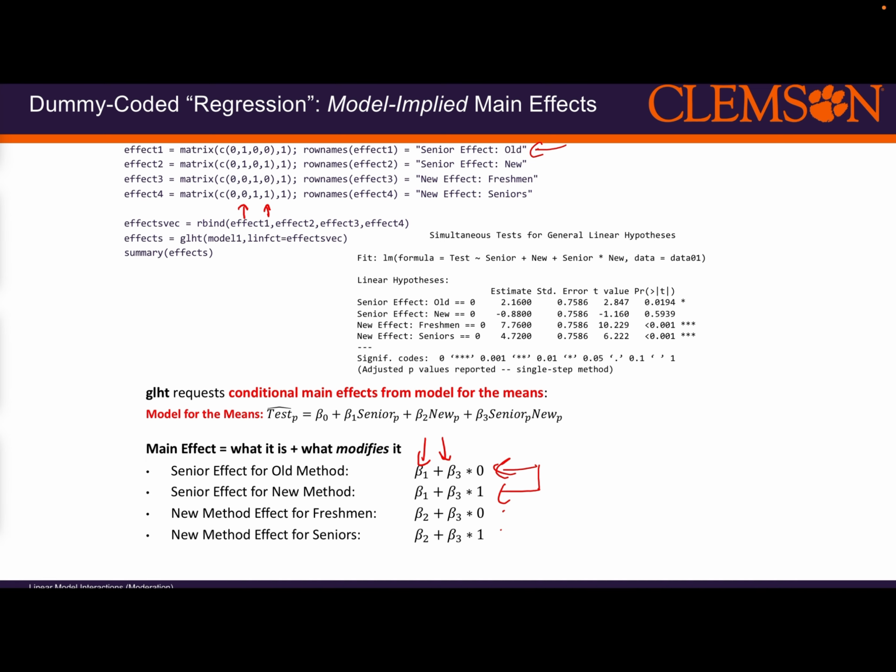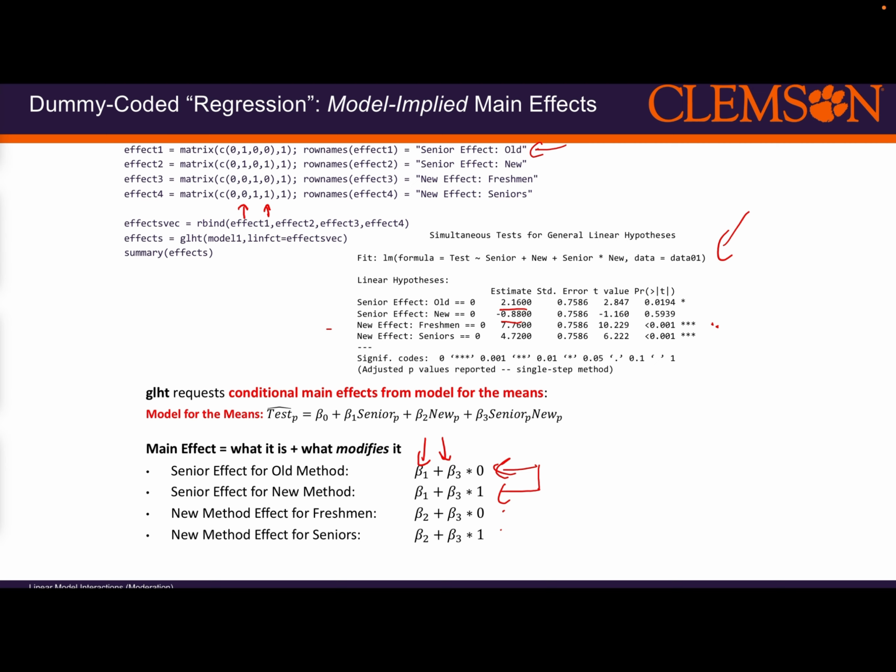So here, looking into this is the output from the GLHT function itself. What we see here is that the difference between seniors and freshmen, basically seniors are 2 points higher in the old method and almost a point lower in the new method. Similarly, we can think about what is the difference between new and old for freshmen.